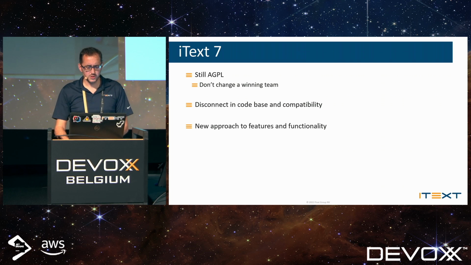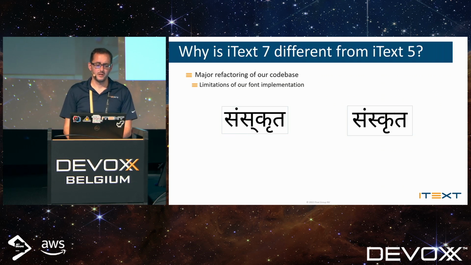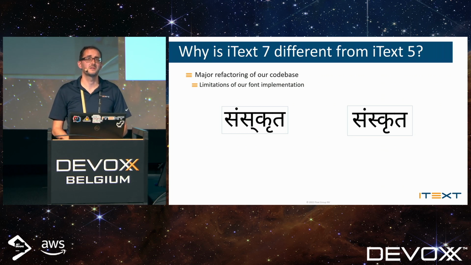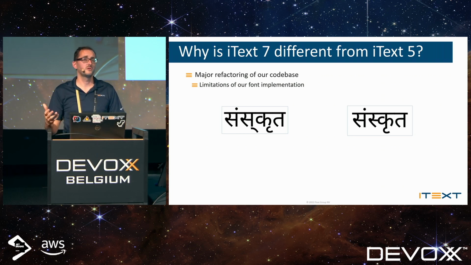So just to highlight very briefly why we had to change from 5 to 7. In PDFs, you can have text, right? And to render text, if you want to be intelligent about it, you're going to use font files. And our font implementation initially was quite limited, quite Western world focused.